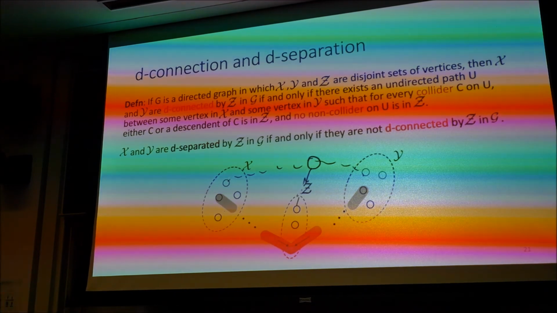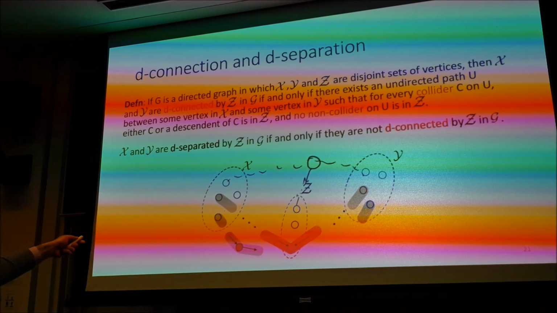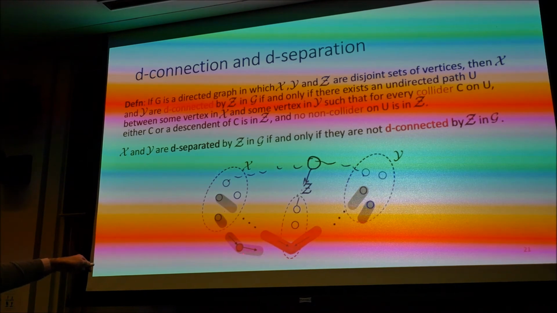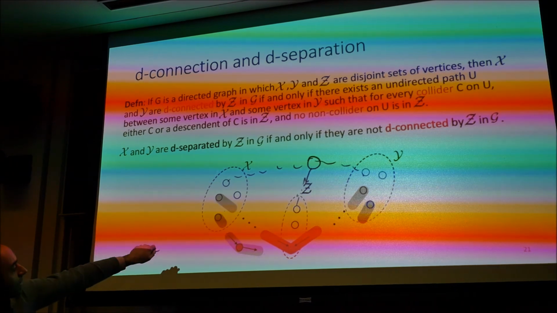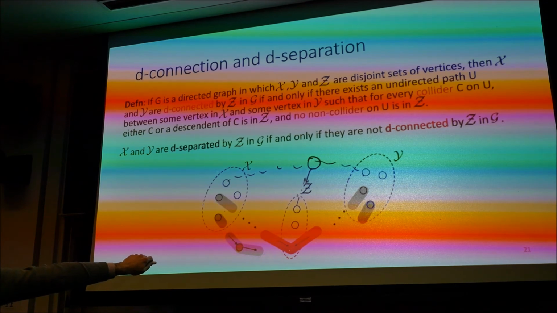So they are separated if all of the paths are blocked. If you have things like this, where there's not a V structure, that is okay, right?